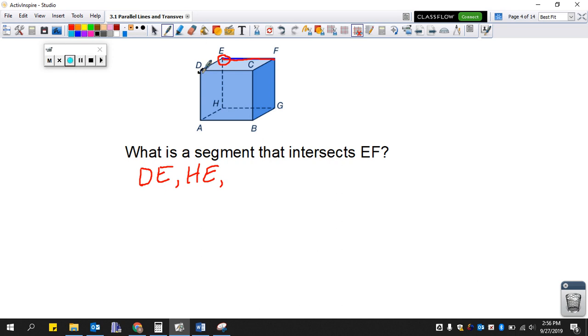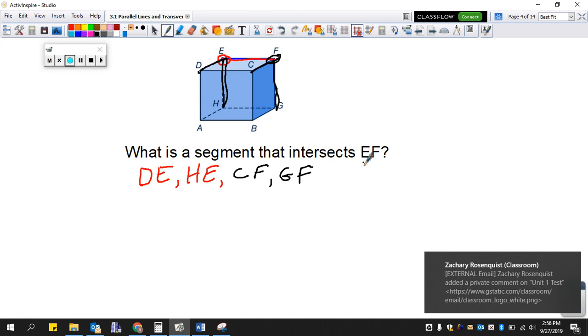And then we look at point F. So we have CF, and we have GF. So none of the other segments intersect EF.